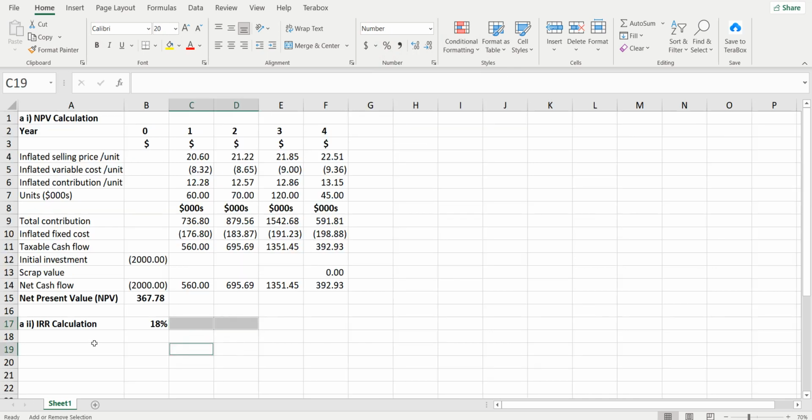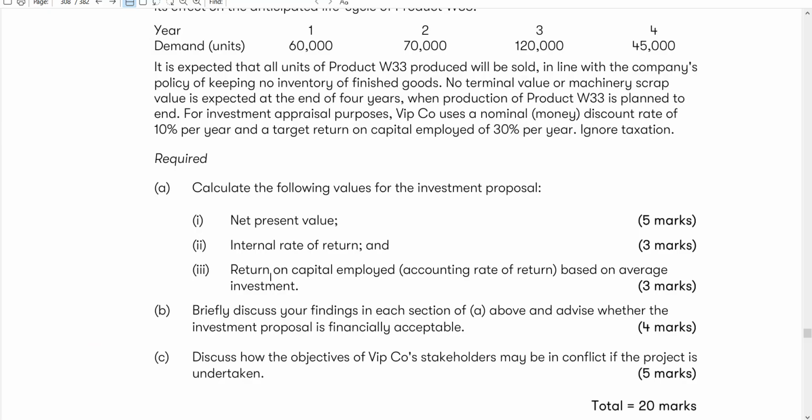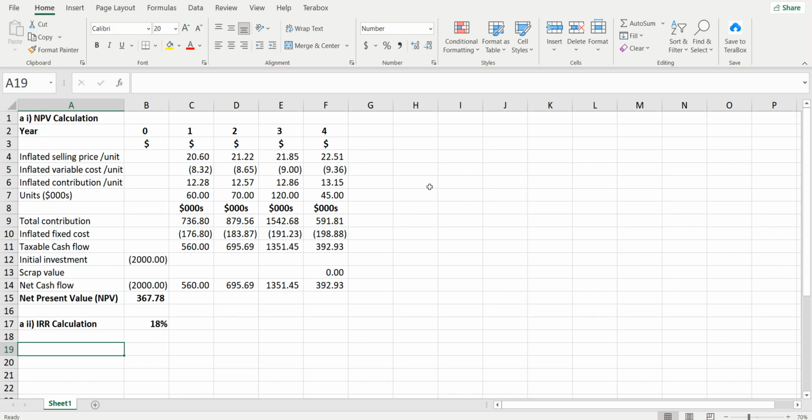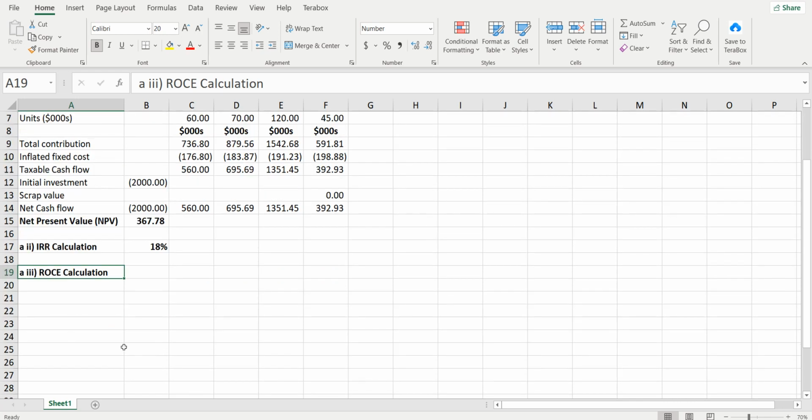Okay, so let's do the third question, which is ROCE or ARR, same thing, based on average investment. So let's try to do this. ROCE calculation.